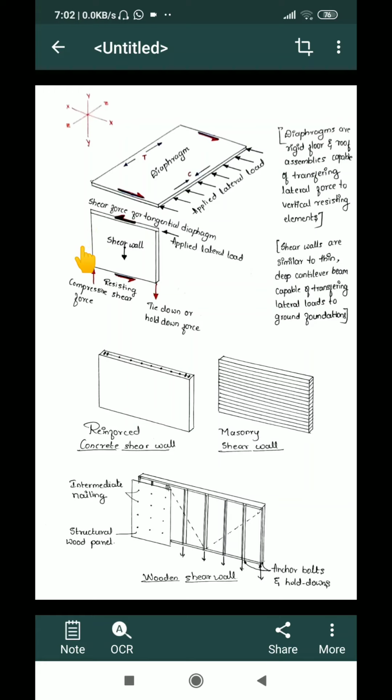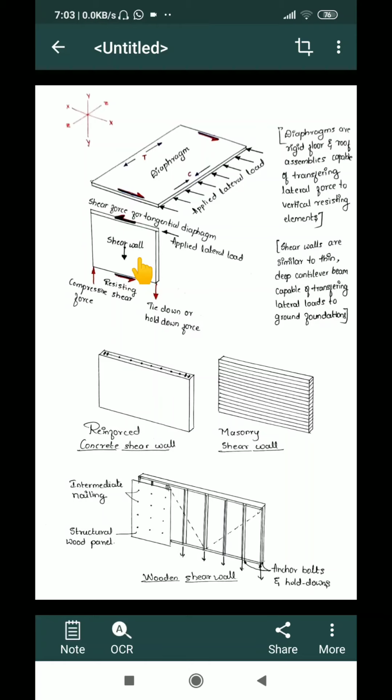Now the shear plane is along the x, y plane. The shear wall is along the x-axis and the y-axis, so I can say that the shear wall is in the xy plane.